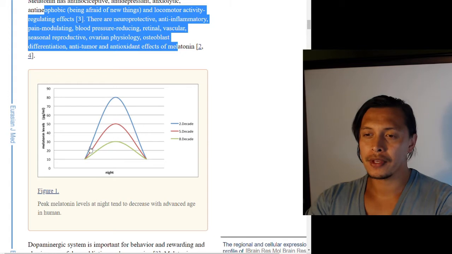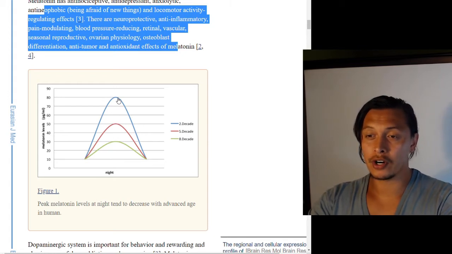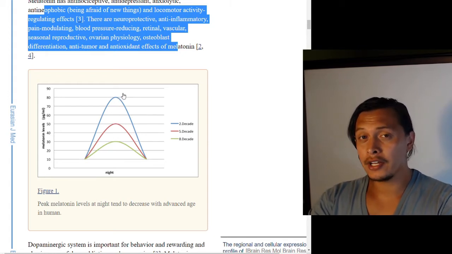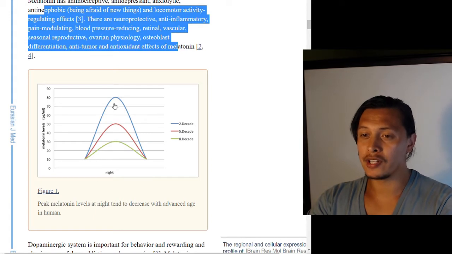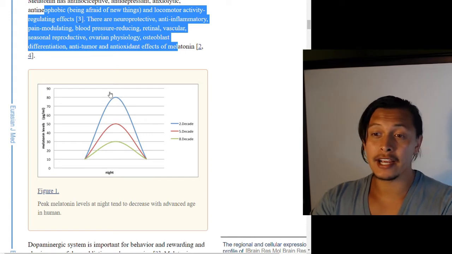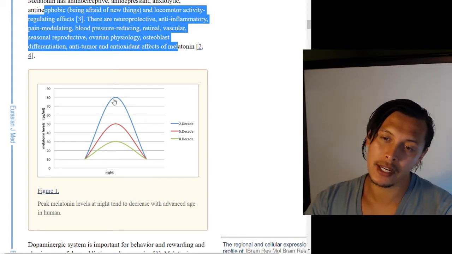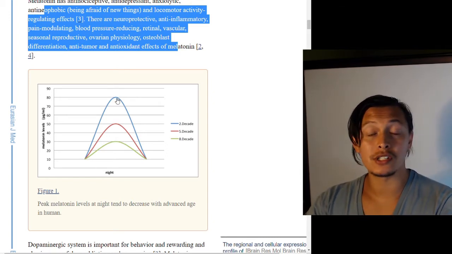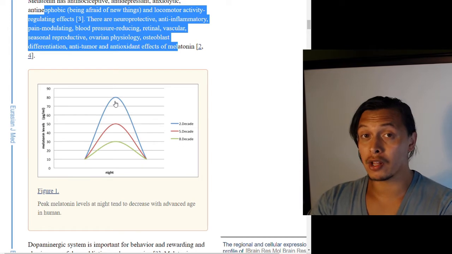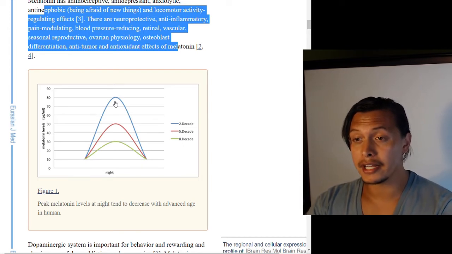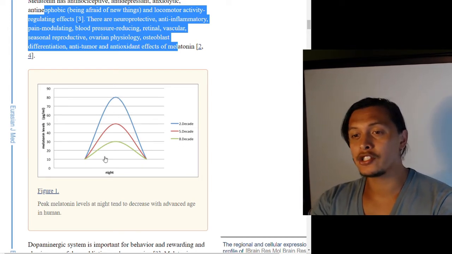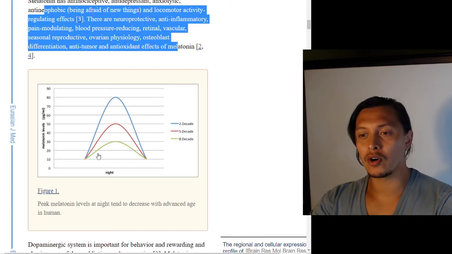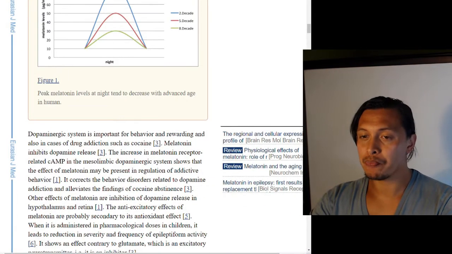For younger, healthy individuals, your melatonin levels get pretty high at night, with a peak at about 80 picograms per milliliter, which is a very, very small amount. Picograms are absolutely tiny. And as you age, this hump gets lower and lower.